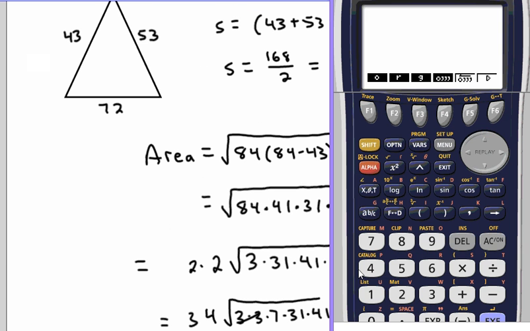Now, let's check this with the calculator. All right, double check, make sure I got my s right. I do 43 plus 53 plus 72, and divide that by 2. Sure enough, I get 84.